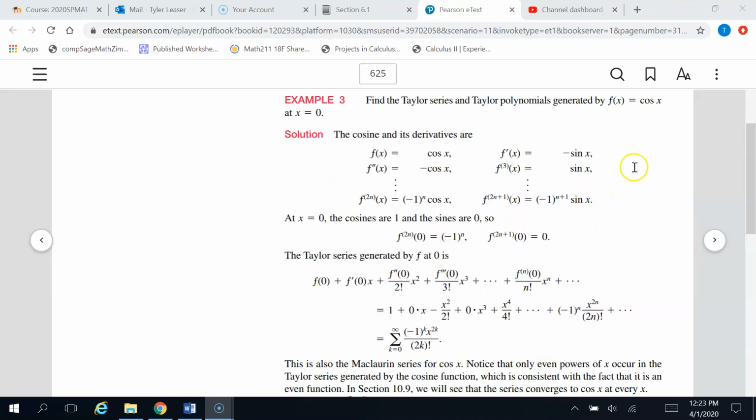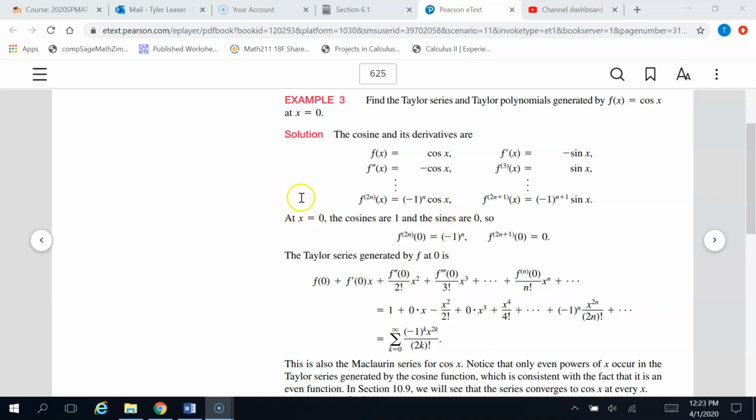So it bounces back and forth between cosine and sine, and it also alternates positive, negative, over here negative, positive. If I have an even derivative, which is what this 2n is representing, so this is the 2nth derivative, this is just telling us that it's even. If I have an even derivative, it's a cosine.